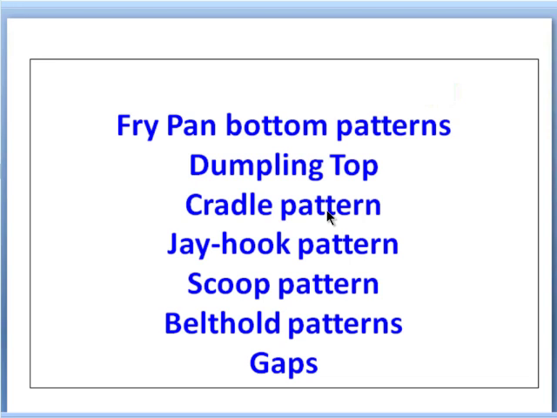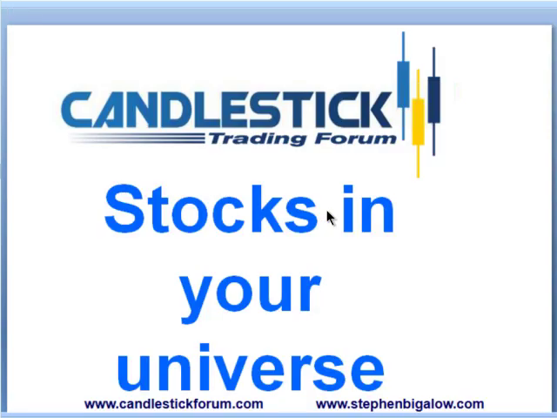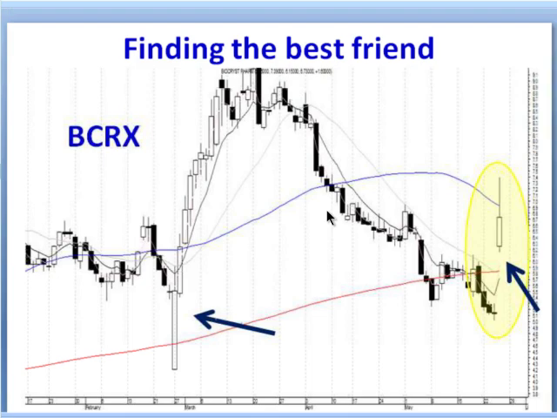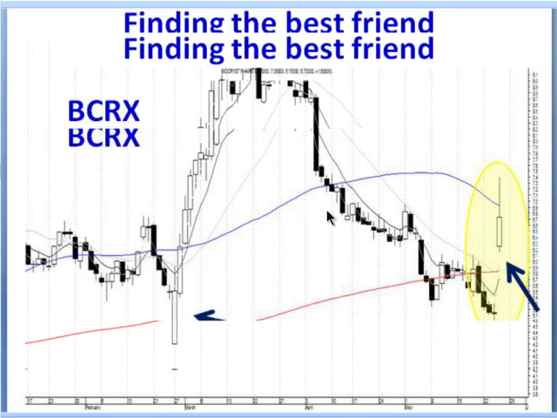So it makes it very easy, that we can essentially look for the stocks that you can put in your own universe where we can find the belt hold signals or the best friend signals. These are occurring every single day.